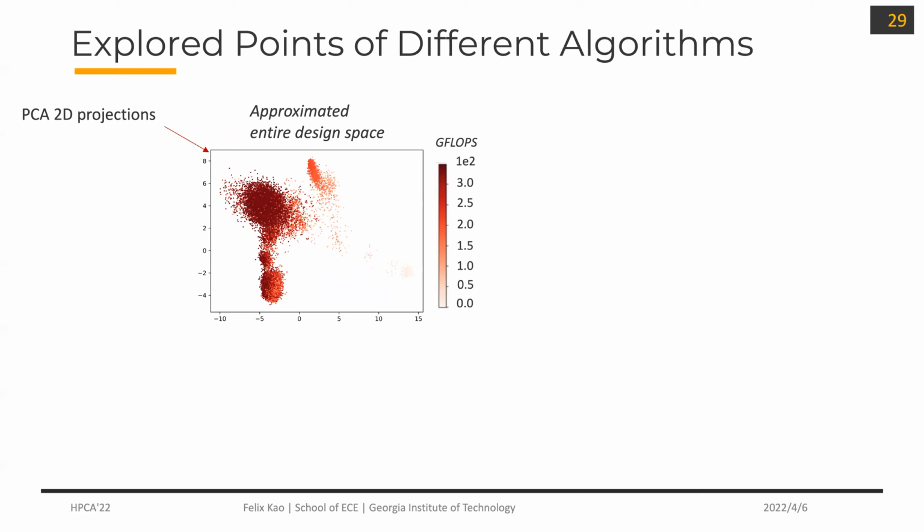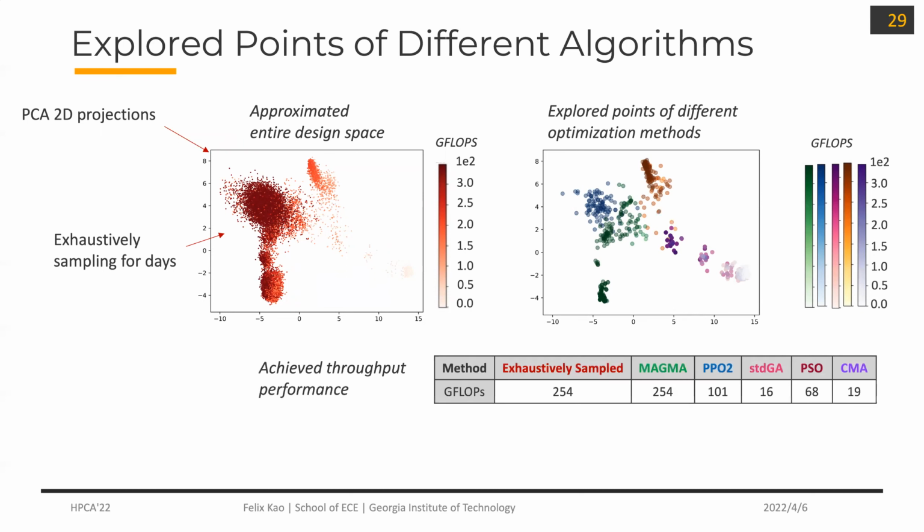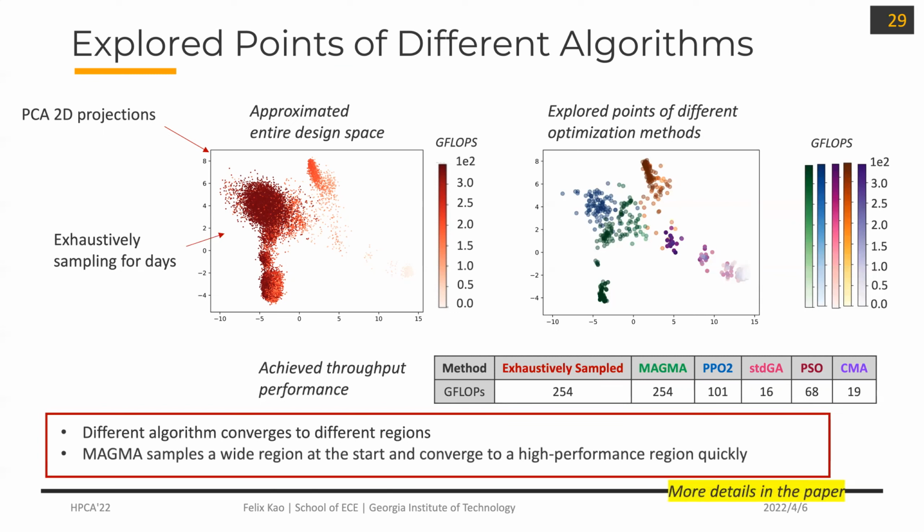In this plot, we use exhaustive search and let it run for days to capture the space on a best-effort basis. Then we want to see how each algorithm searches this design space. Here we show the sampled points of different algorithms, and also the final throughput of the best solution found by each algorithm. We can see that different algorithms converge to different regions, and MAGMA samples a wide region at the start and converges to a higher performance region quickly.